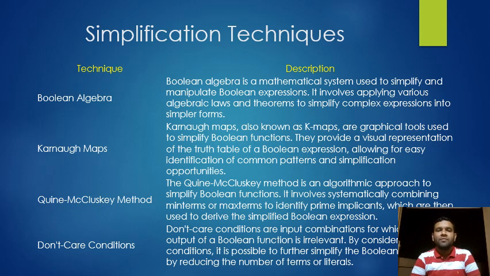Next method, let us see, is the Quine-McCluskey method. The Quine-McCluskey method is an algorithmic approach to simplify Boolean functions. It involves systematically combining min terms or max terms, that is the minimum term or maximum term, to identify prime implicants, which are then used to derive the simplified Boolean expression.